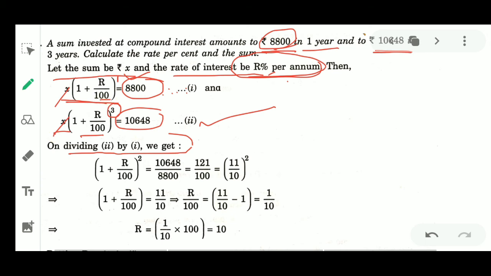If you consider this as x and 1 plus r by 100, that is x cubed, x cubed divided by x, as you all know, is x squared. So 1 plus r by 100 to the power 2 will be 10,648 by 8,800.